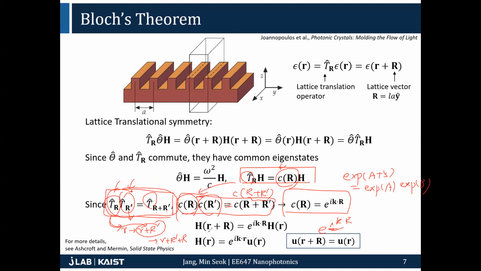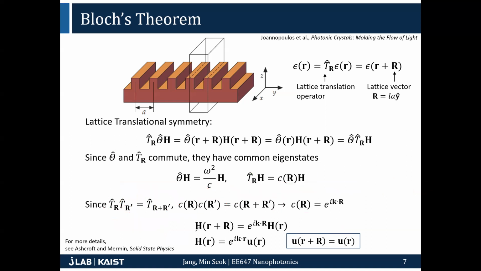And now what we know is that H of r + R, which is coming from here, is e to the i k dot R times H(r). This is just one form of Bloch's theorem. And the second equation is another form of Bloch's theorem.